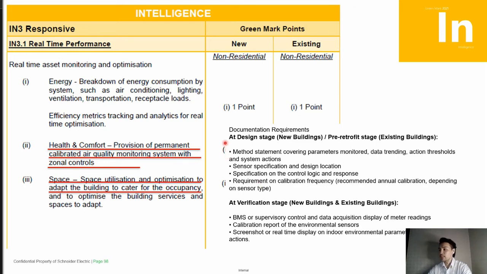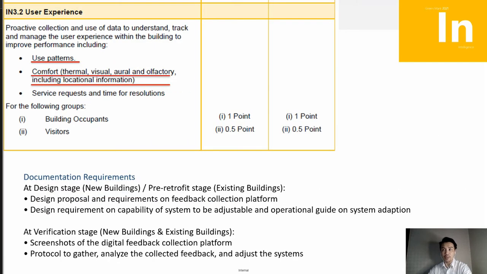Right. In this design stage, the method statement, the sensor specifications, and the specification of the control logics all have to be showcased. At the verification stage, your PMS, your data execution display reading meters, your calibration reports, your screenshots, and display of real time. All these requirements are in there, and that is for the real-time performance.